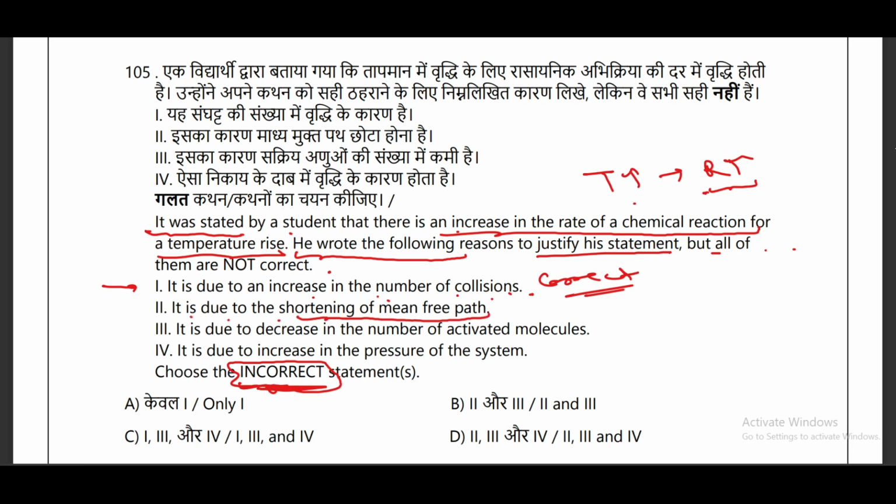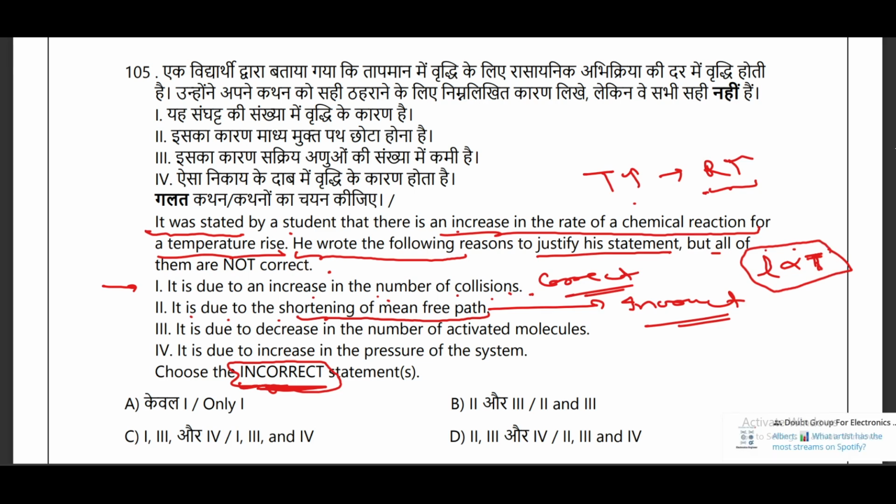This option is incorrect, because if you see the expression of mean free path, it is directly proportional to temperature. So if temperature is increased, mean free path is increased, and they are saying with increasing temperature mean free path is decreased. So this option is incorrect. It means this is one of your answers.